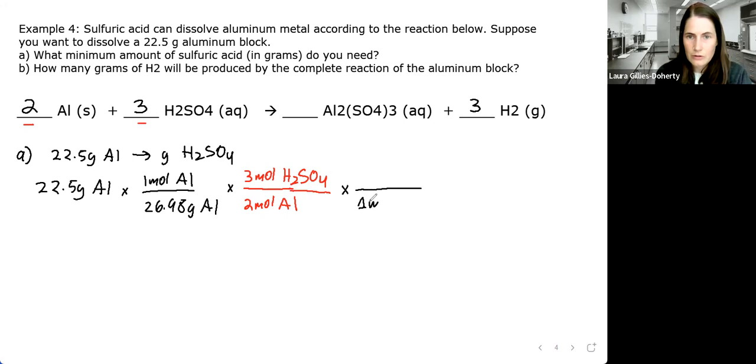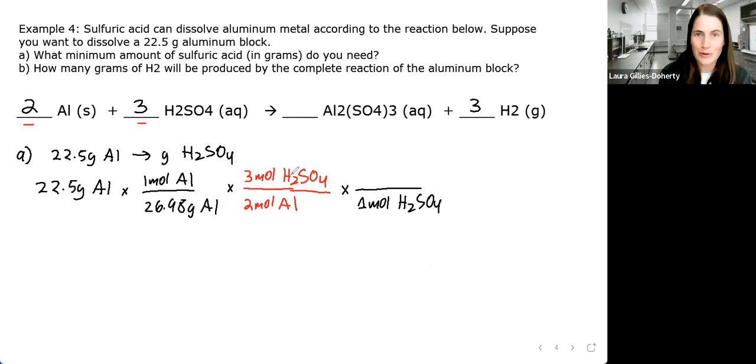So 1 mole of H2SO4. Let's figure out how much that weighs using the periodic table. So I've got, sorry, 4 oxygens. Let's just get this right. 16 times 4, plus a sulfur, plus 2 hydrogens.